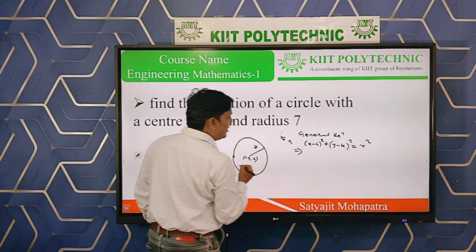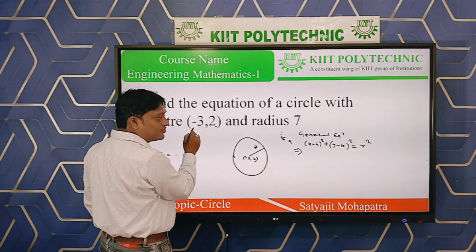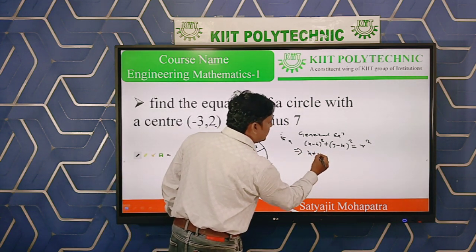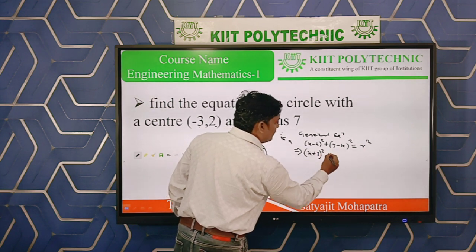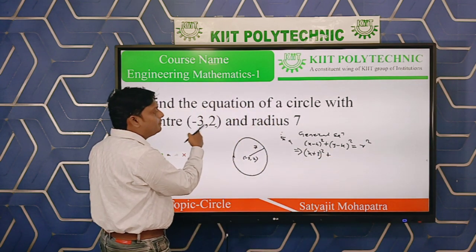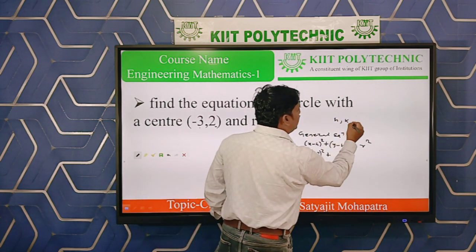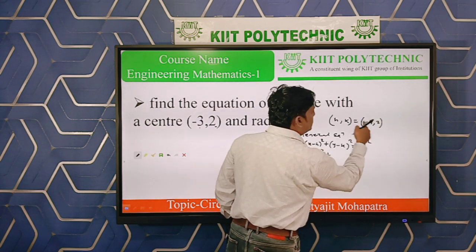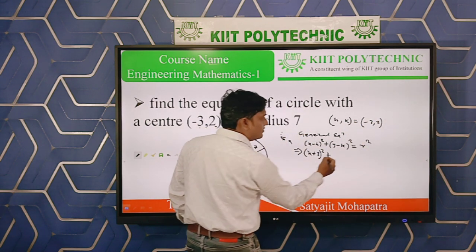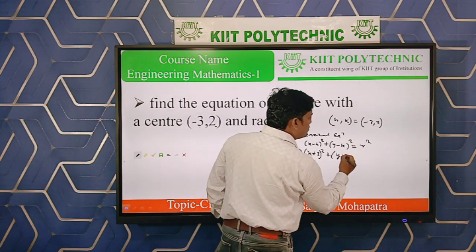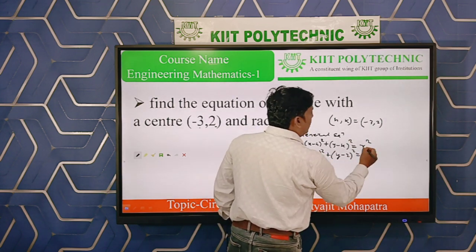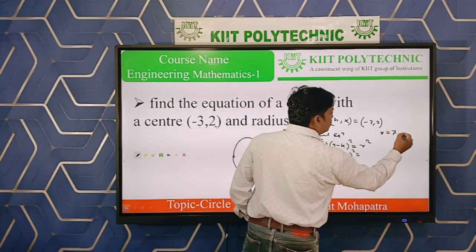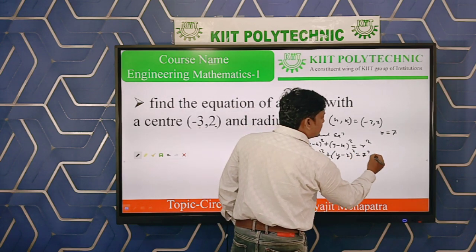So you can put the value of h as minus 3 and the value of k as 2. Then x minus of minus 3 becomes plus 3, its whole square, plus (y minus 2) whole square. Also r is given as 7, so we put 7 square.